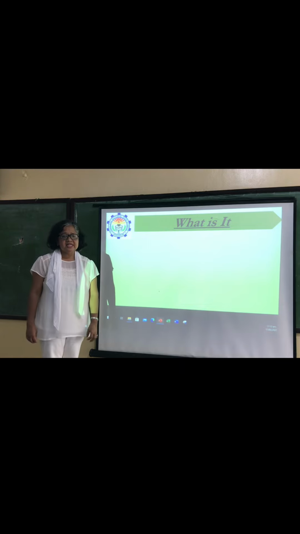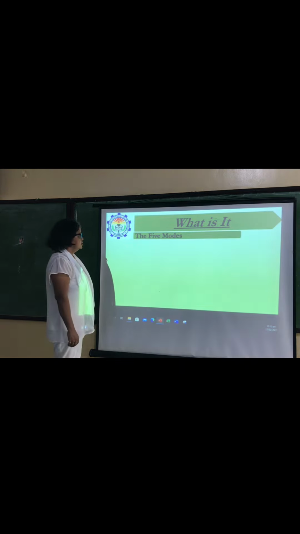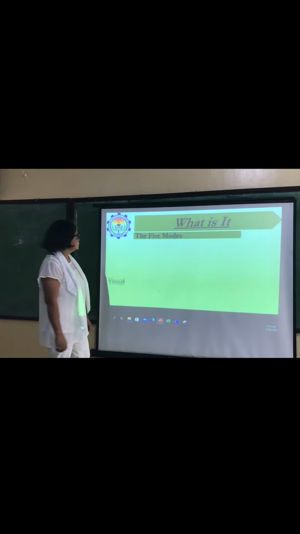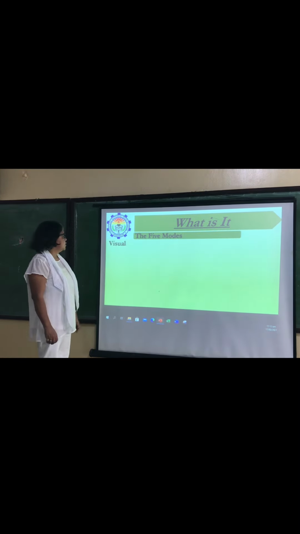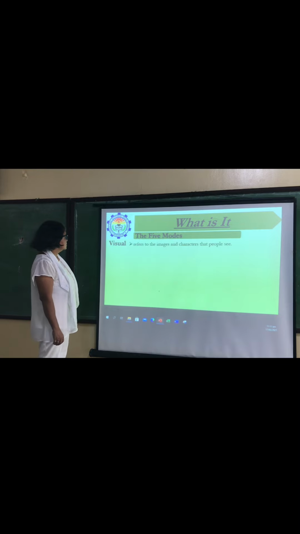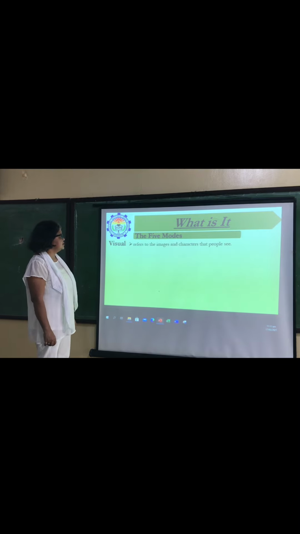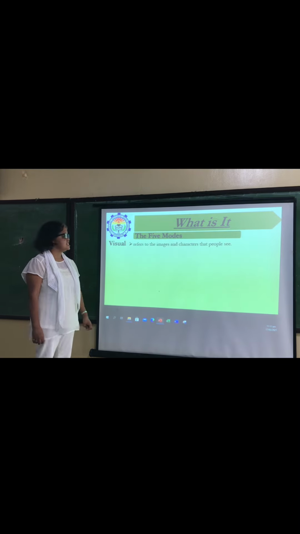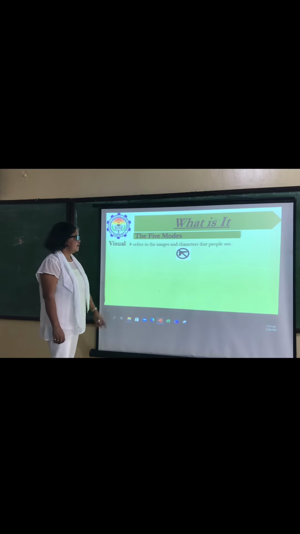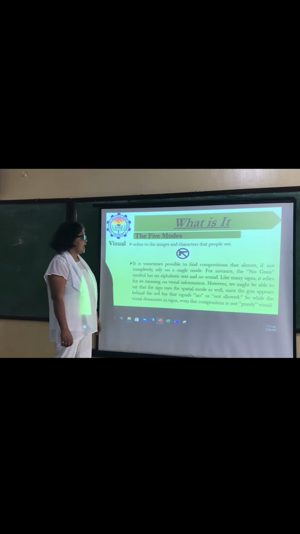So, let's proceed now to the discussion part of our lesson. The 5 modes. First, we have the visual. It refers to the images and characters that people see. For example, we have here the signs.